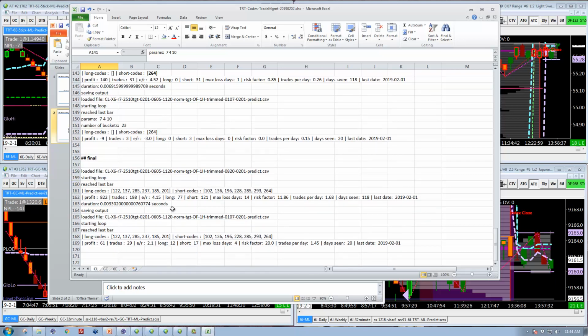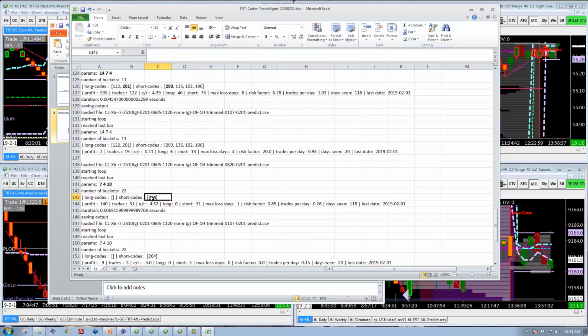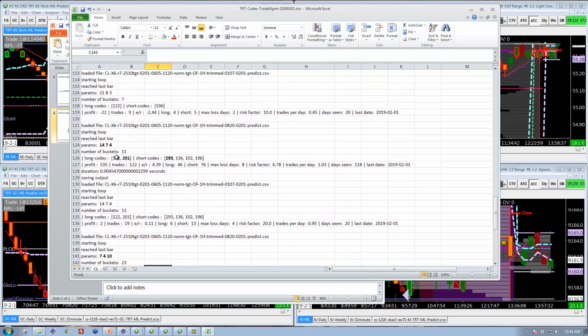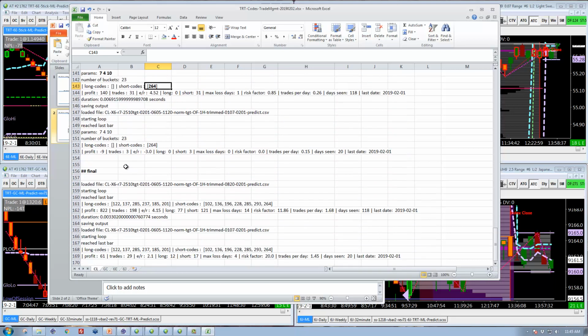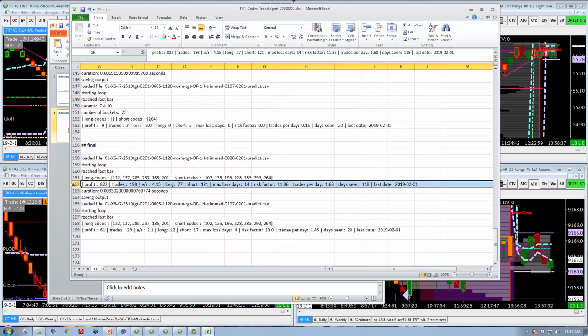You start putting together the good behaviors from smaller bucket sizes but higher frequency, all the way up the chain. When you put them all together, you end up with something that looks like this: 822 on a risk factor of 11.86, and an ER of 4.15.